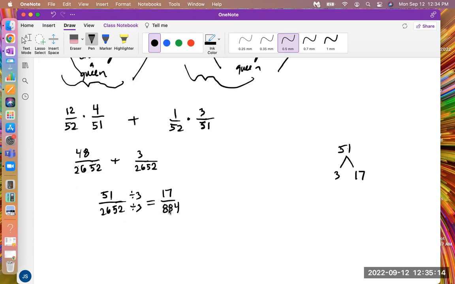So I have to make sure that 17 doesn't go into 884. It does go 52 times. So I divide the top and bottom by 17. I get 1 over 52. And that is my answer for this second part here.